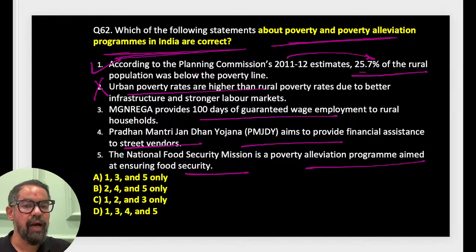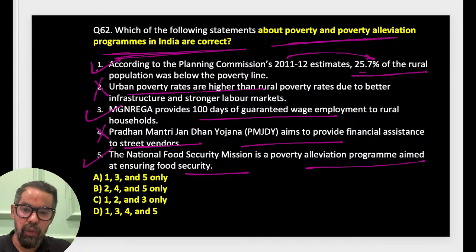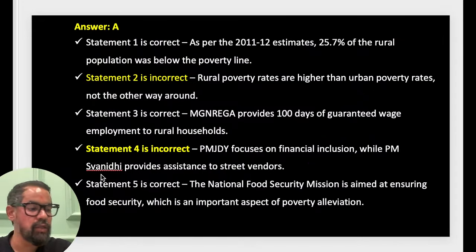Rural poverty is higher than urban poverty. MGNREGA, 100 days employment. Pradhan Mantri Jan Dhan Yojana, financial inclusion scheme. For street vendors we have PM Svanidhi. National Food Security Mission is a poverty alleviation program aimed at ensuring food security, right? So 1 3 5 means A should be the right answer for this one. Yes, A will be the right answer for this one.